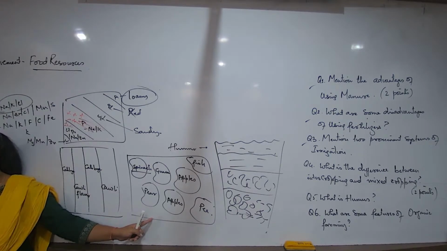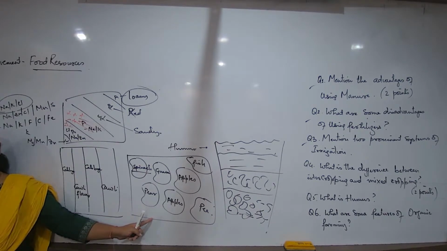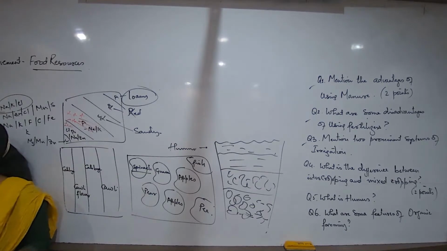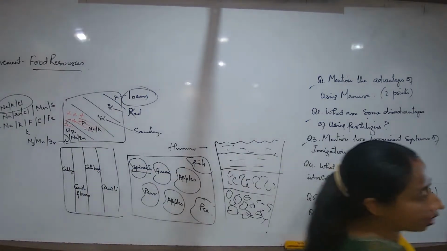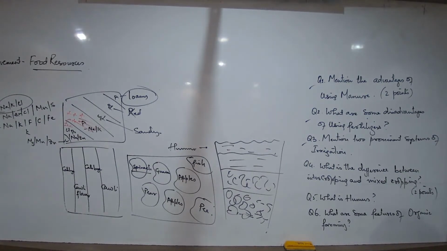In mixed, there isn't a particular pattern. From the term itself, it is a mixed pattern. Only something to take care of is, can we talk about growing wheat, paddy and apples together? No, that cannot be grown. Can I think of growing maize and pea together?